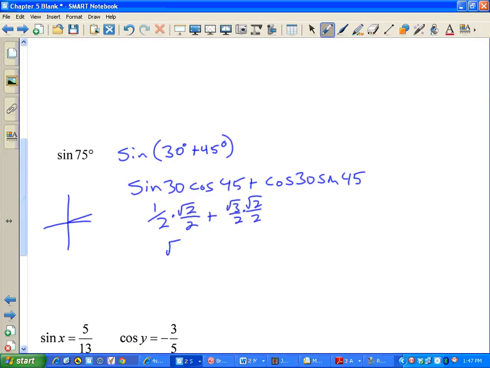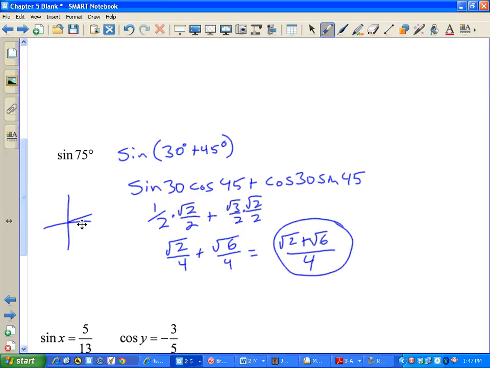So when we multiply these, we get square root of 2 over 4 plus square root of 6 over 4, which is square root of 2 plus the square root of 6, over 4. We can't add these together. You can't add when you're underneath a radical, so we'll just leave it this way. That would be our exact answer.